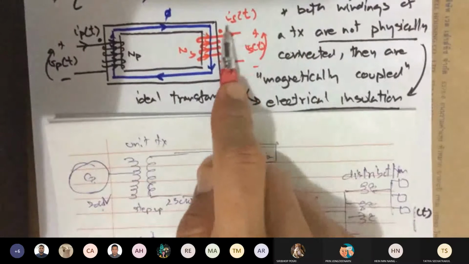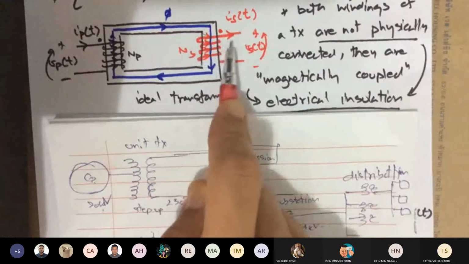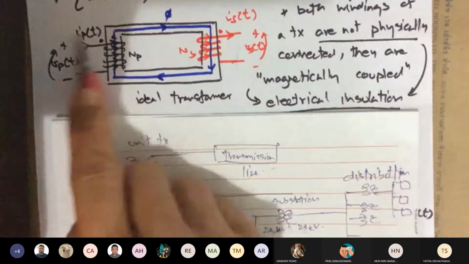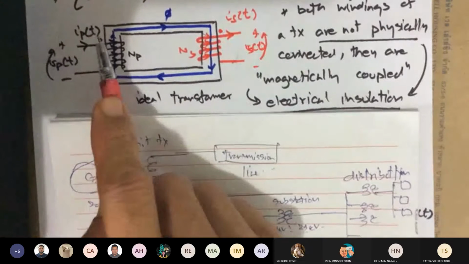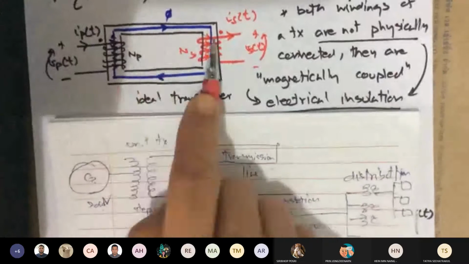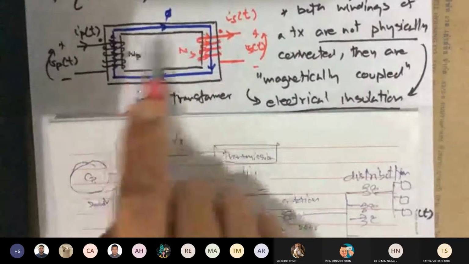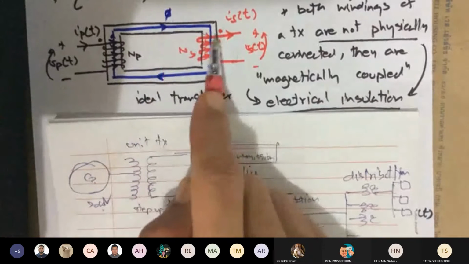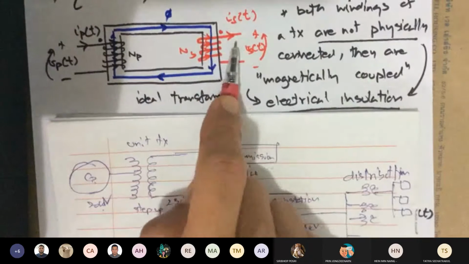Assume I have initial current values there, and we get some amount of flux. Nothing is going to happen on the primary side because they are not physically connected. No conduction between the two. The only link between them is flux, but flux doesn't really change according to the shorted current.